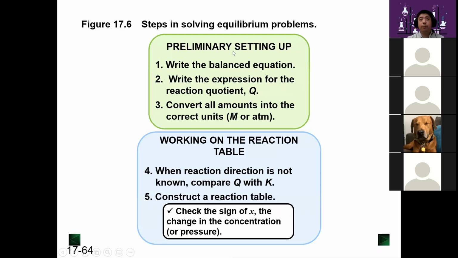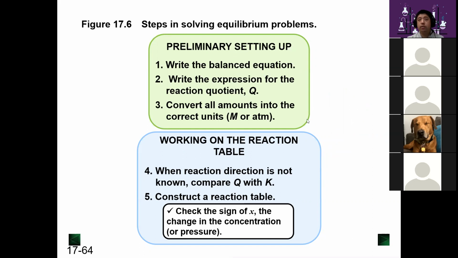All right. So just a little bit of preliminary steps. In order to solve for the stuff here, you balance your equation. You write the expression for Q if it applies. If one side is not 0, you don't know which direction it's going to shift. If one side is 0, you know you're shifting in that direction. Then you take the relationship between Q and K. That tells you whether you're shifting left or shifting right. Next, you draw your reaction table, your ICE table, and then you look at your coefficients.